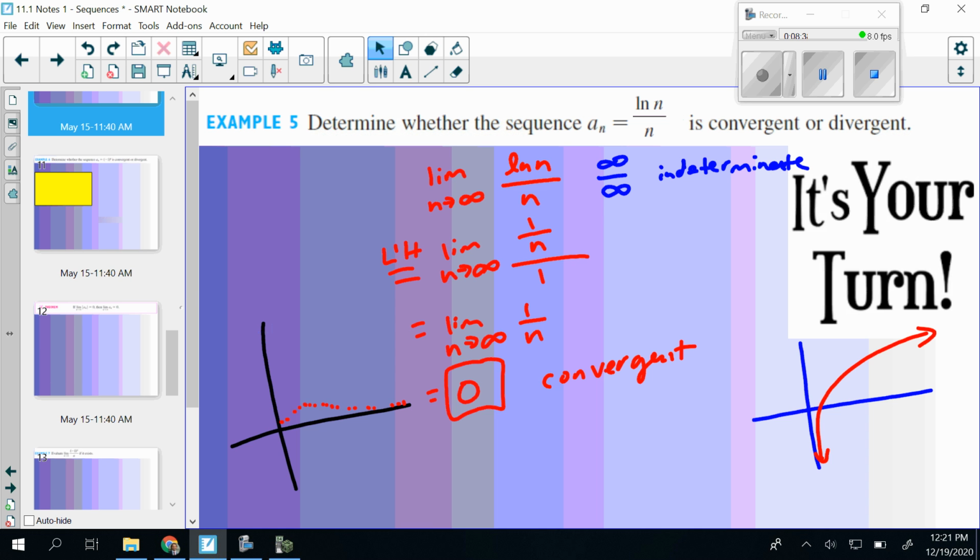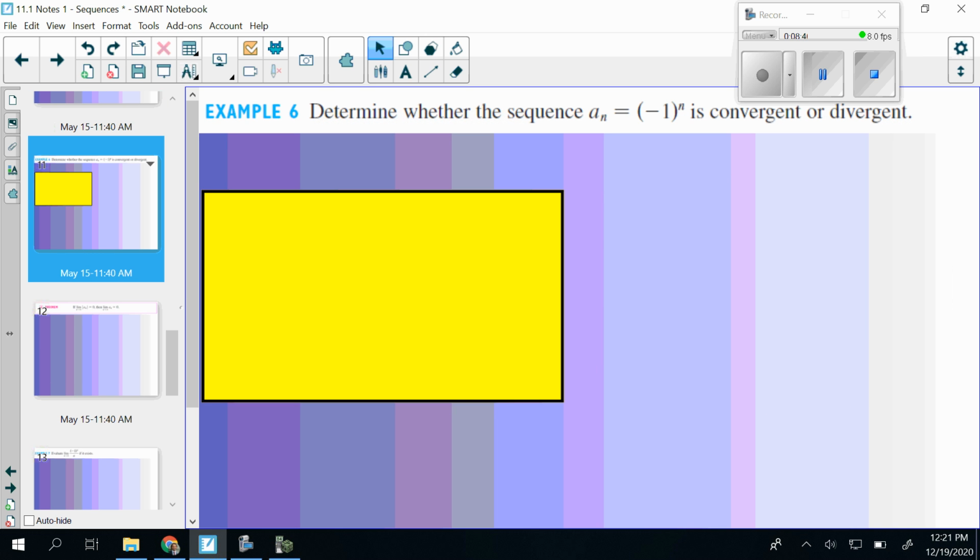All right, next one. This one's asking, is the sequence again convergent or divergent? So for this one, as we go to infinity, what's going on here? Well, let's look at if we just start putting some points in here.